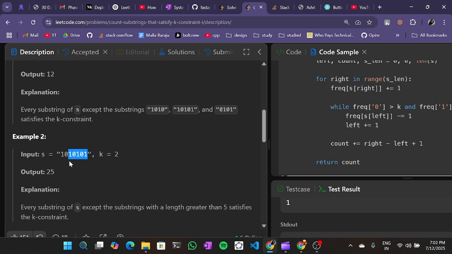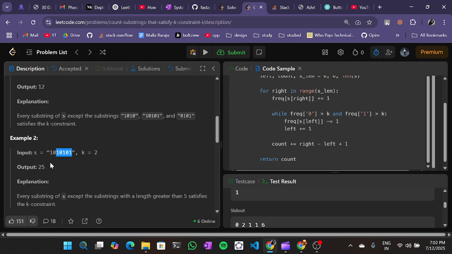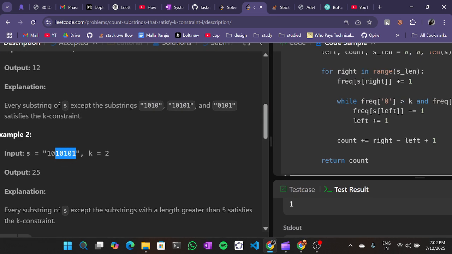So the left is 2 and the right is 6. So 6 minus 2 is 4, plus 1. This whole subarray is capable of making 5 subarrays.